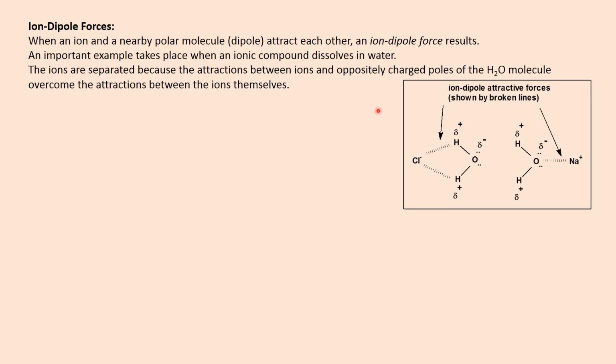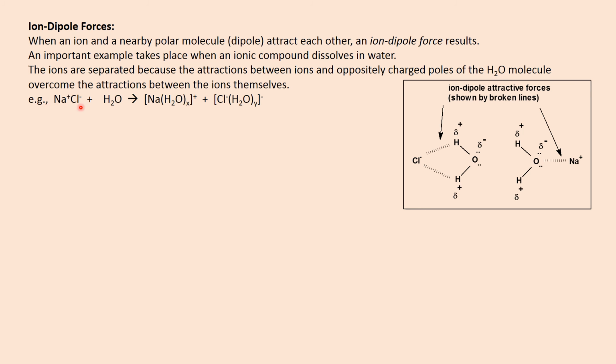The ions are separated because the ions are attracted by the oppositely charged poles of the water molecule, and these attractions overcome the attractions of the ions to each other.